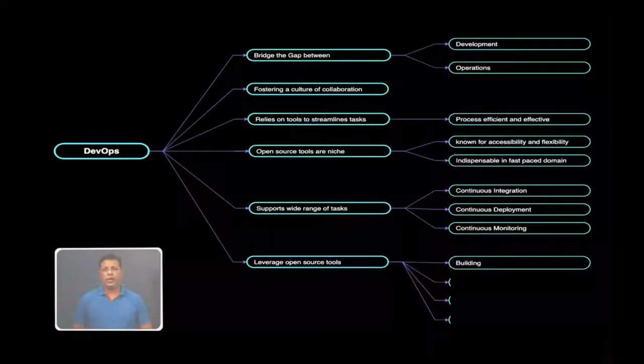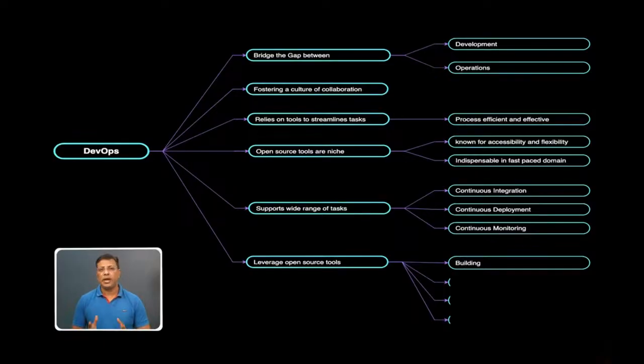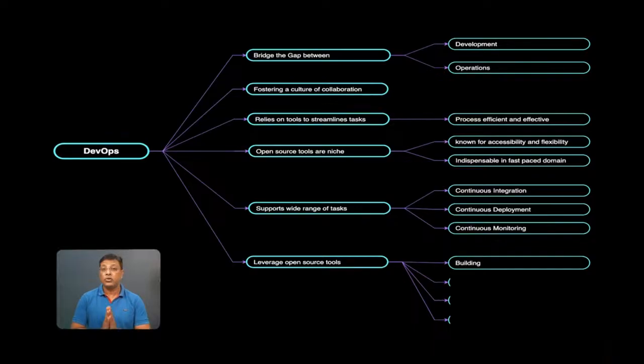DevOps is a practice that bridges the gap between development and operations, fostering a culture of collaboration. It heavily relies on a variety of tools to streamline tasks, making the process more efficient and effective.